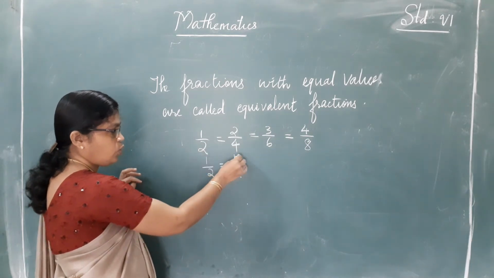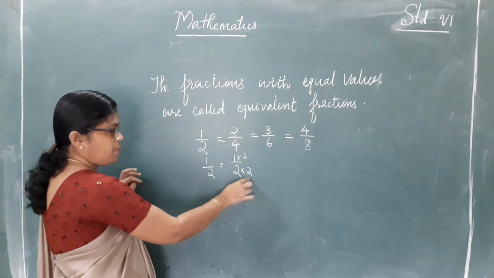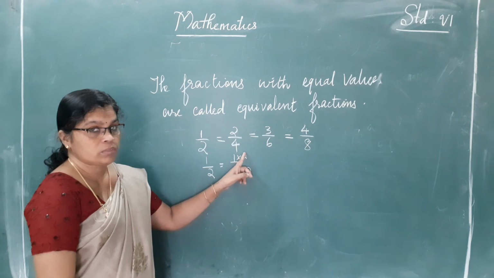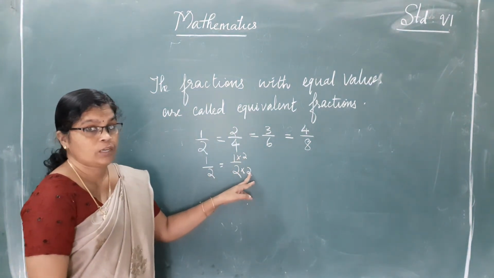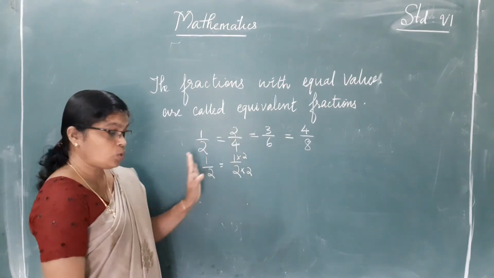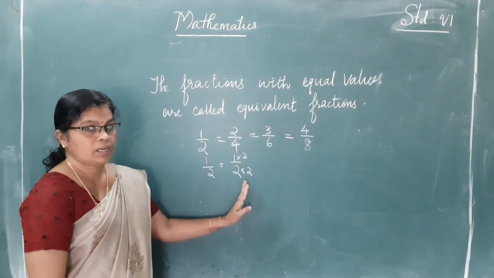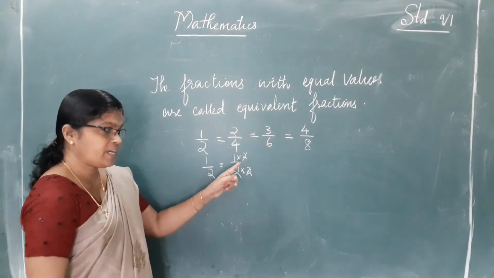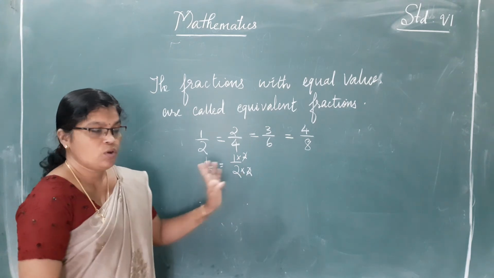This fraction 1 by 2, we multiply 2 times the numerator and 2 times the denominator. That means 1 into 2 is 2 and 2 into 2 is 4. So the same fraction only, 1 by 2 only, we have taken 2 times. Right? Then see these 2 common factors, if we cancel, we get 1 by 2. Same. Okay, 1 by 2 is equal to 1 by 2.